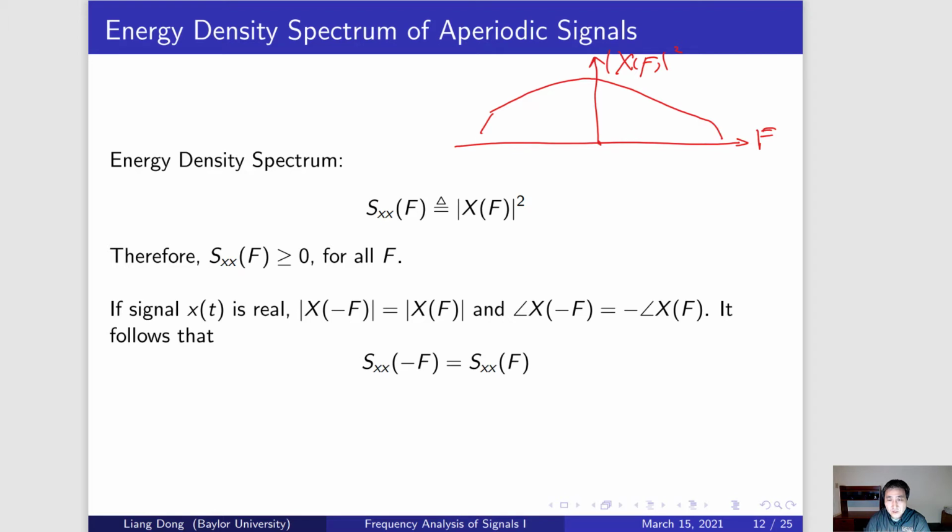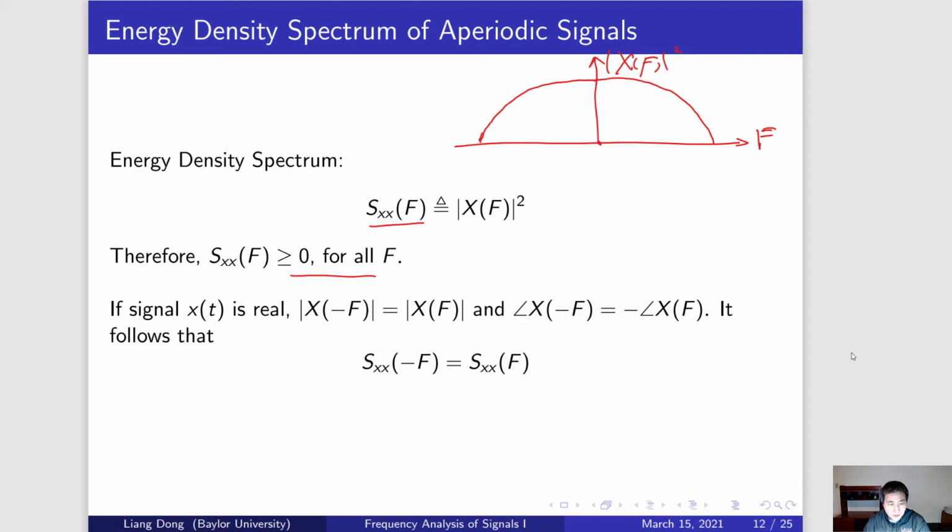If I sum all these together across the entire frequency, that will give me the signal energy. So this function, |X(f)|², the function of f, gives me the energy density spectrum. We define that as capital S_xx as a function of f. That is the energy density spectrum, or just called the spectrum.